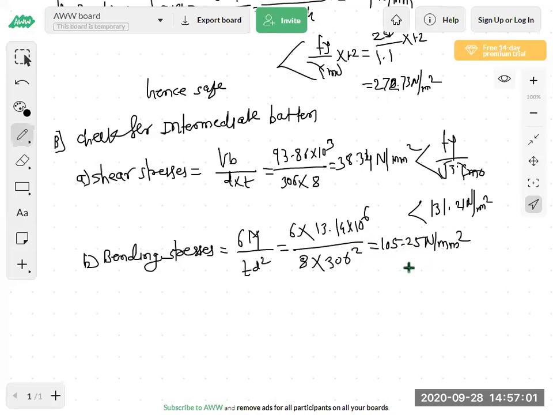Newton per mm square, and it should be less than 274.25 Newton per mm square. It means correct. So hence safe. Both stresses are safe.